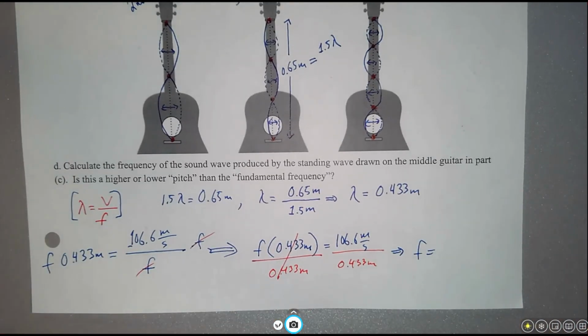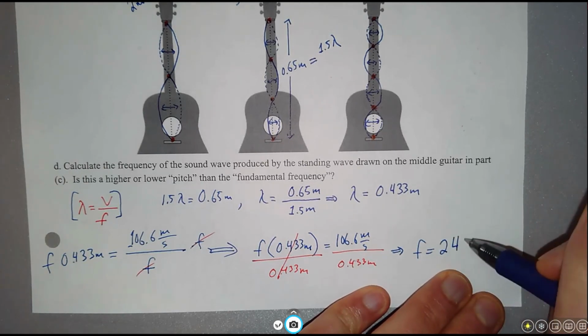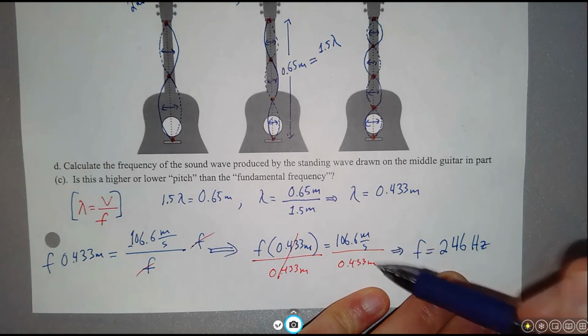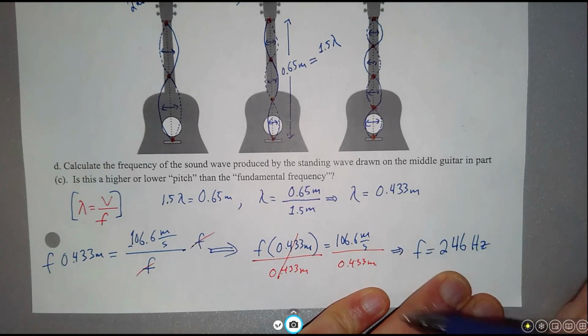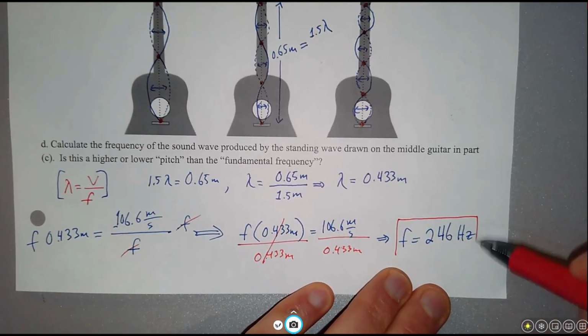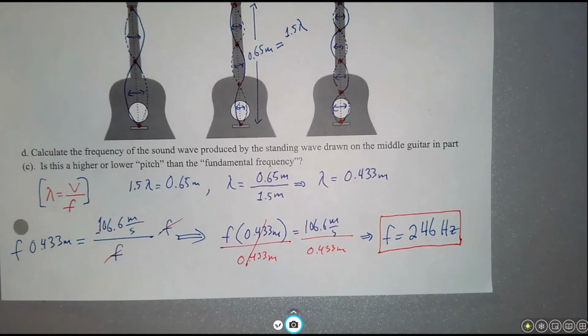106.6 divided by 0.433 gives us a frequency of about 246. The meters would cancel, so you'd get units of inverse seconds. And remember, an inverse second is the same thing as hertz.